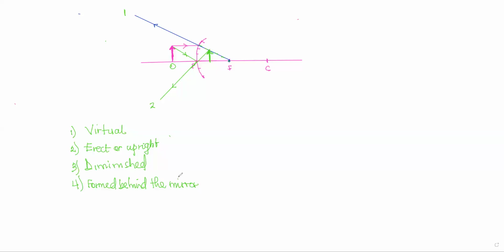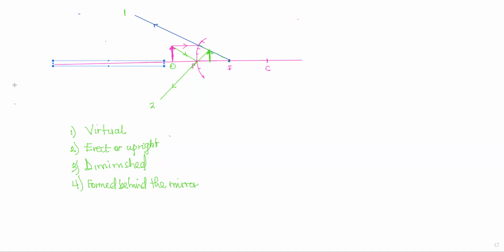Class, is everybody okay with this part? Because I'm going to vary another position of the object to see how the image will look. So if you are okay, can I carry on? Yes, sir. All right.